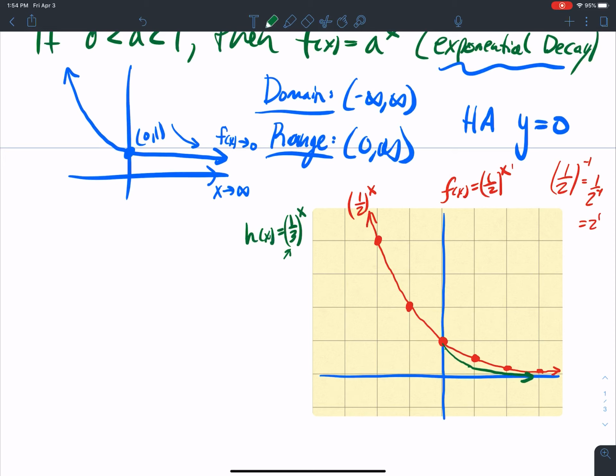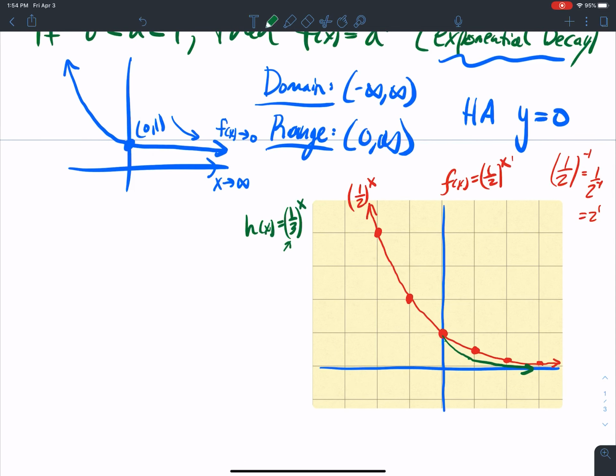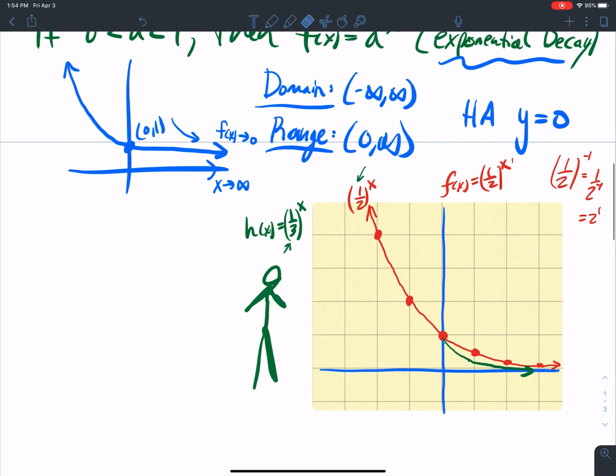Think about it: if I take somebody's height and halve it every time, so you cut them in half, they still have half their body left.